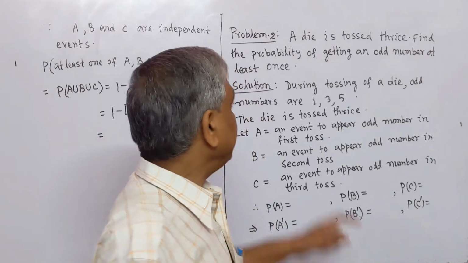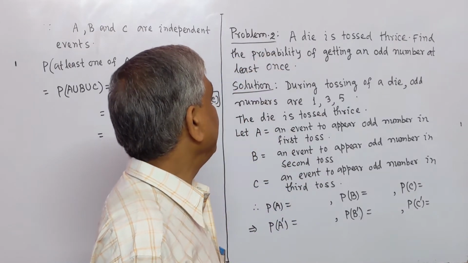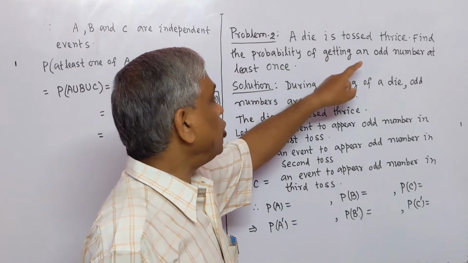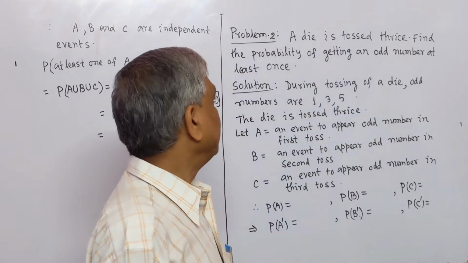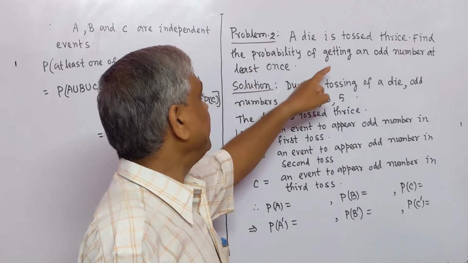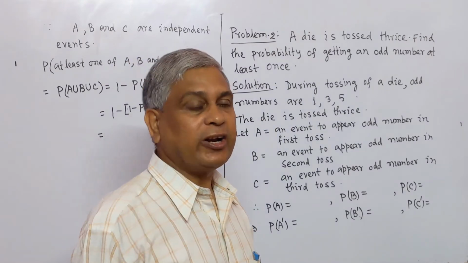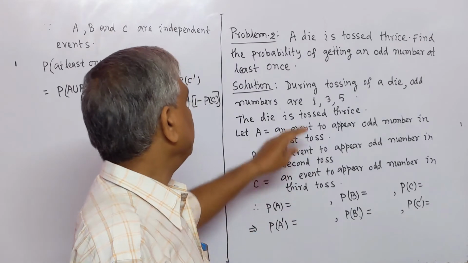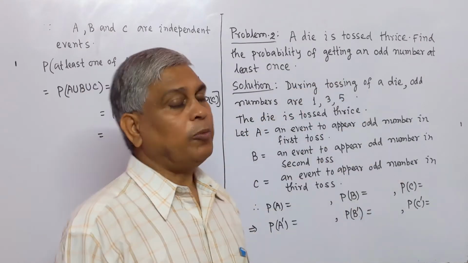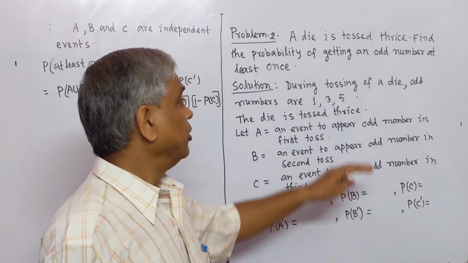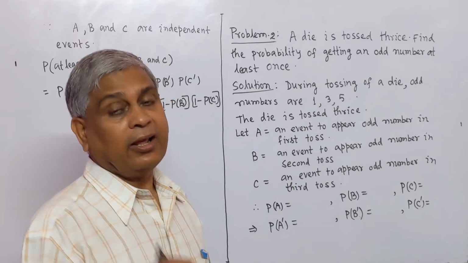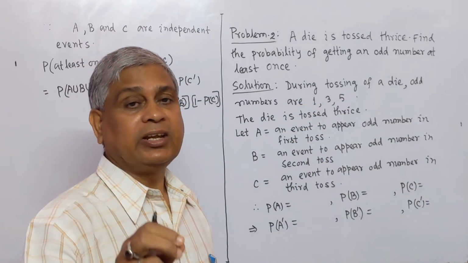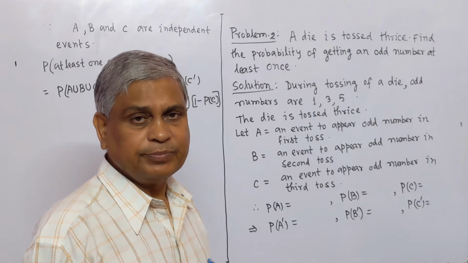Now we solve the next problem. A die is tossed thrice. Find the probability of getting an odd number at least once. During tossing of a die, odd numbers are 1, 3 and 5.